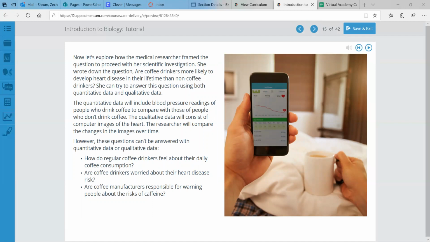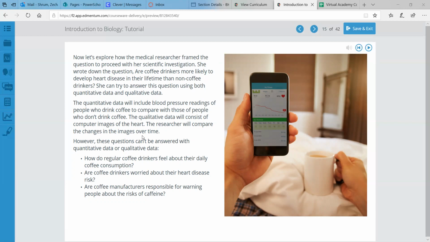Now let's explore how the medical researcher framed the question. So remember, coffee, high blood pressure. Does this lead to a higher risk of disease, heart disease? Let's see. She can try to answer this question using both quantitative, measurable data, and qualitative data.